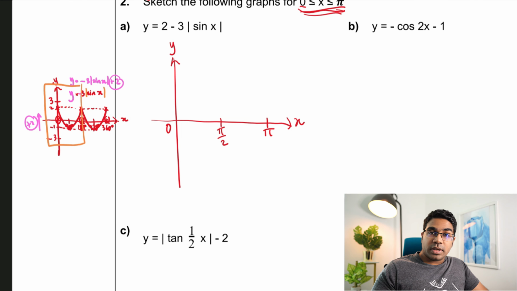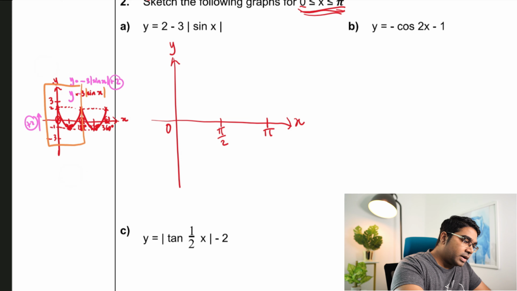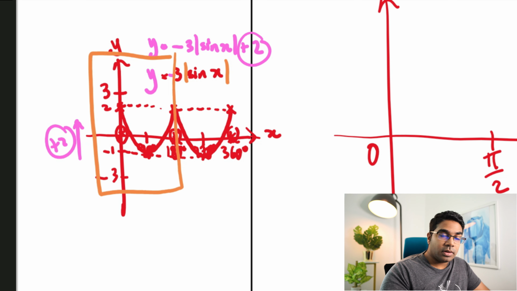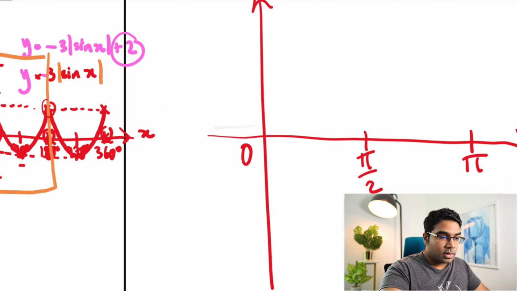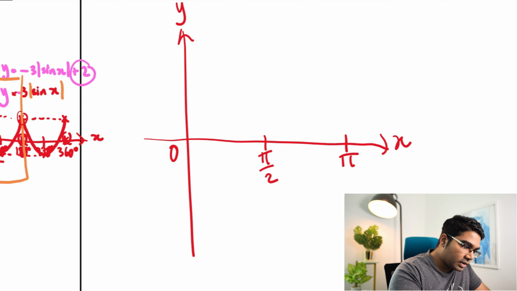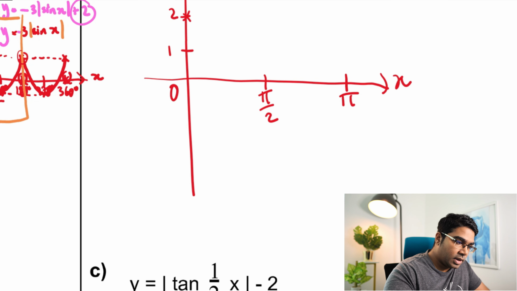Now we need to label our actual graph. So the final graph here, based on the working that we did just now, we start with 2, and then at 90 degrees, which is pi over 2, we have negative 1, and then 180 degrees, which is pi, we have 2. So let's label this 2, first point, pi over 2, it should be at negative 1.